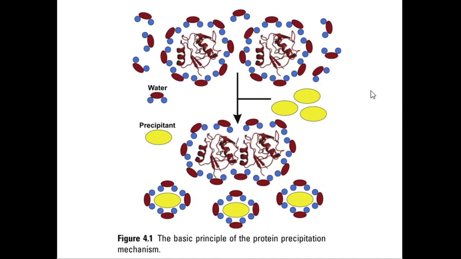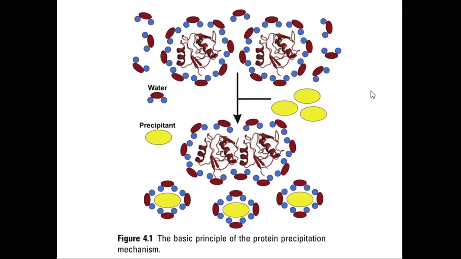In effect, this means that fewer water molecules are required to interact with the protein surface and the concentration of free water is more. In other words, we say that the activity of the water has increased. So what is the net effect? The net effect is that the protein becomes more soluble.